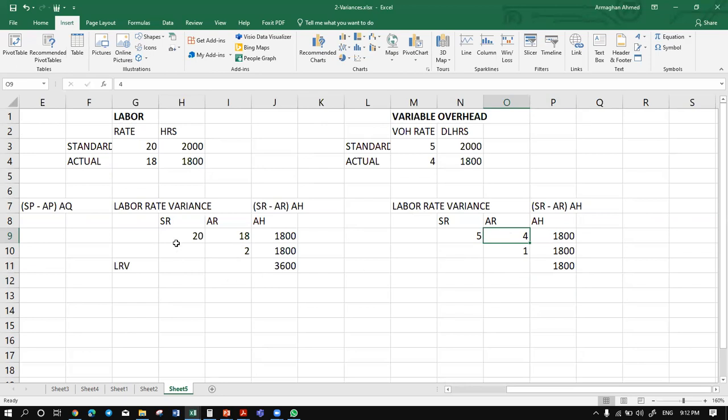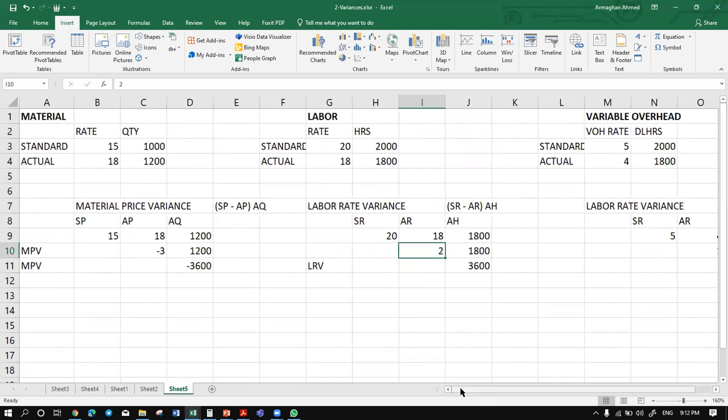So remember, let's say the standard rate was 20 and the actual rate was 18, because we are hiring labor at a lower rate. This is favorable for us. But in terms of material, the standard was 15, but we bought material for 18. We bought at a higher price, so that means it is unfavorable, right?